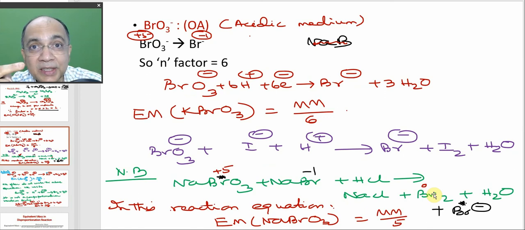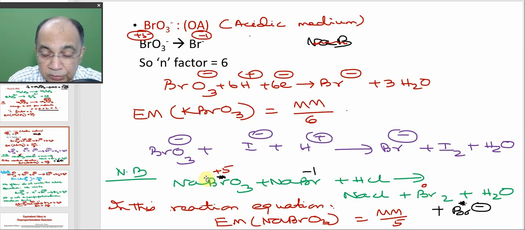We have done it in our LOC program. If you haven't, then have a look at different types of reactions. So if you consider this reaction to be a comproportionation reaction, then the n factor will be 5.